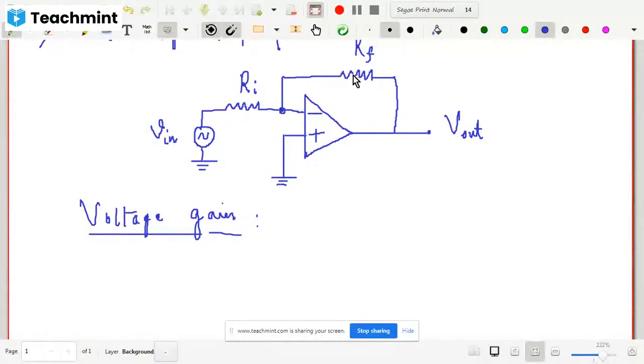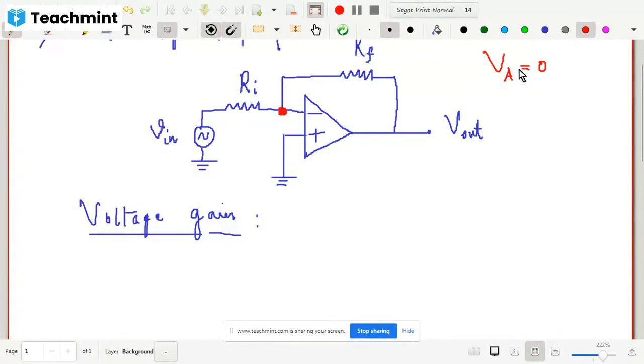Now the other point which you need to remember here is this point, I am marking it with a red dot here. Now, what is the potential at this point? Using the concept of virtual ground, what should be the potential at this red point? The potential VA should be equal to 0. So let us say the potential at this red dot is written here, VA equal to 0.